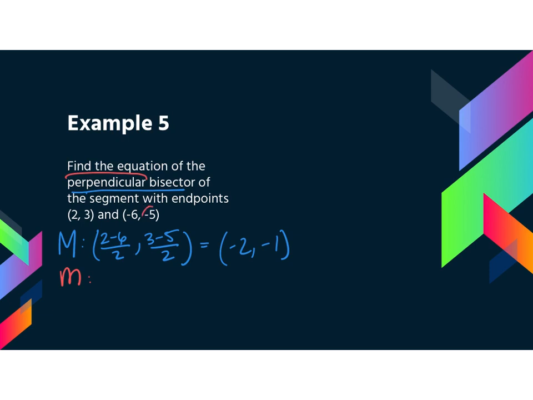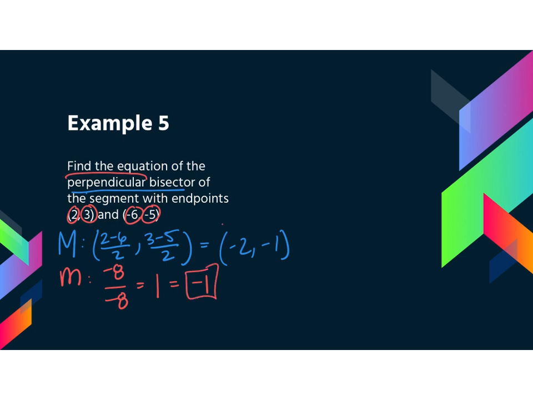So let's see how our y's are changing. It's going down 8, and then our x's are changing by going down 8, which equals 1. The opposite reciprocal for the perpendicular would just end up being -1.